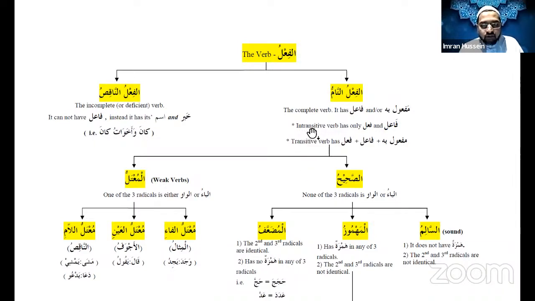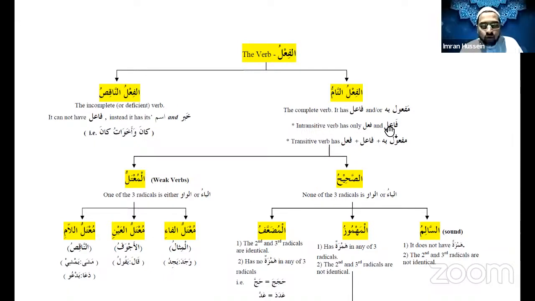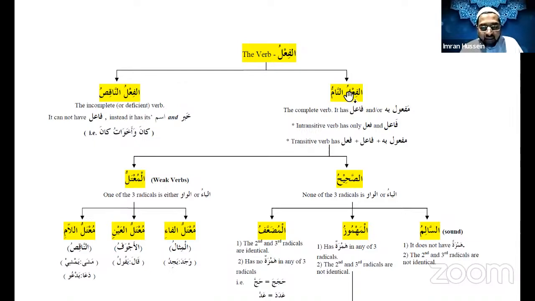As you know, there are 2 types of verbs, transitive and intransitive. A verb and a doer is fi'l lazim, and a transitive verb, muta'addi, has fi'l, fa'il, and maf'ul bihi.